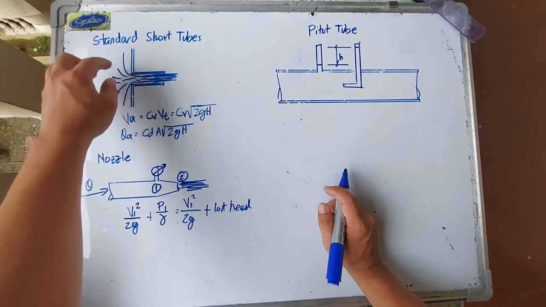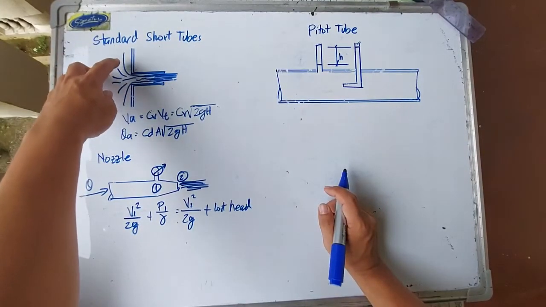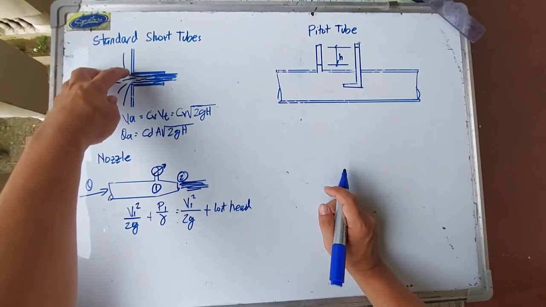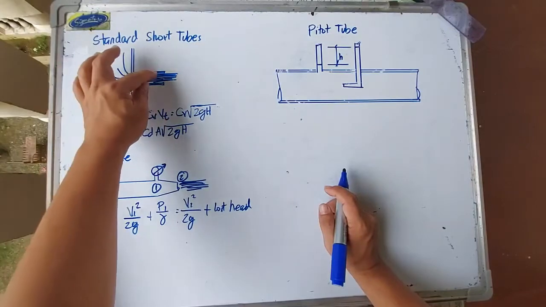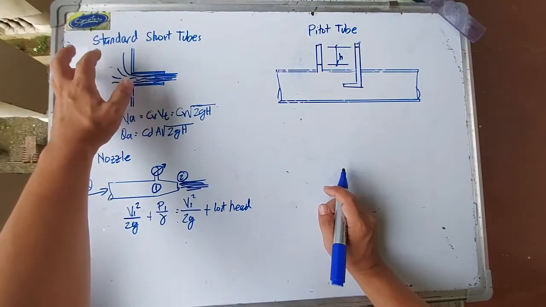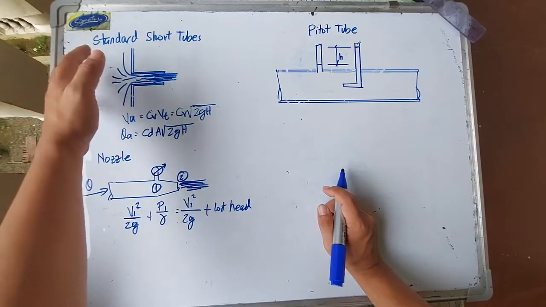there would be more loss of energy since the particles of the liquid would be flowing through a certain distance here. There is resistance along the wall of the tube, so there will be more loss of energy because of that.